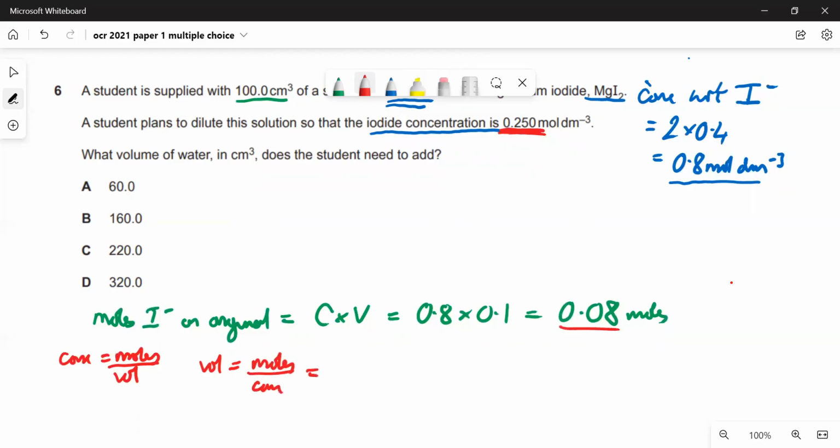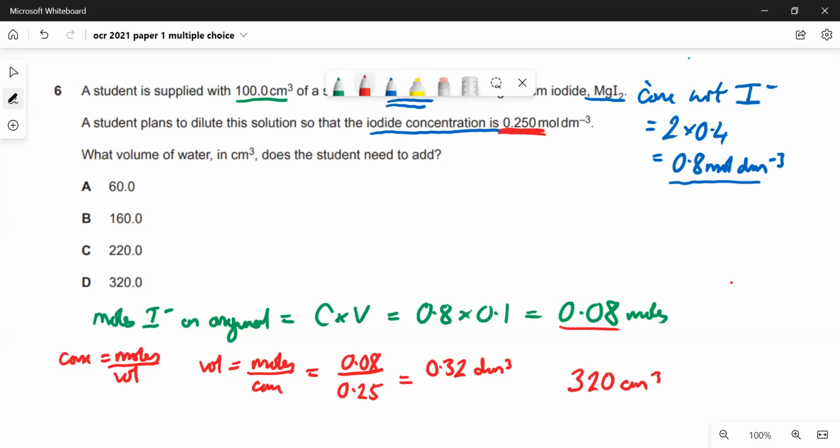The moles we've got is 0.08, the concentration is 0.25. That gives us a value of 0.32 dm cubed. That's equal to 320 centimeters cubed.